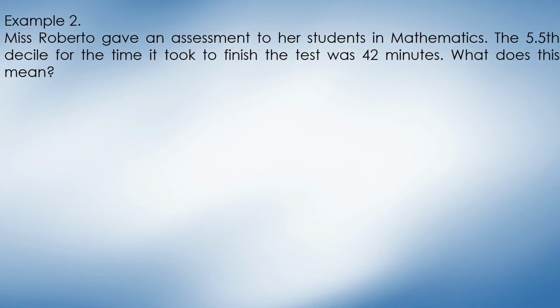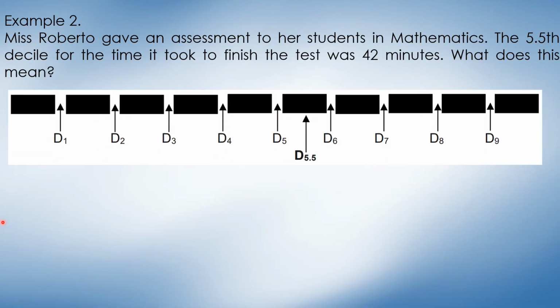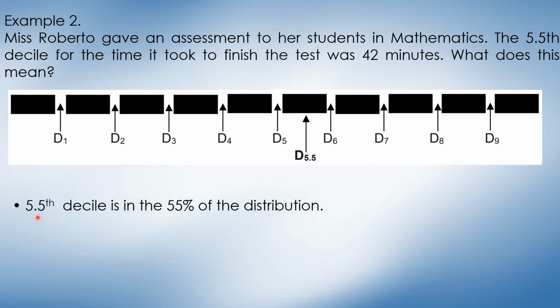Next example, Miss Roberto gave an assessment to her students in mathematics. The 5.5th decile for the time it took to finish the test was 42 minutes. What does this mean? We have here an illustration for our example number 2. The 5.5 decile is at 55% of the distribution.